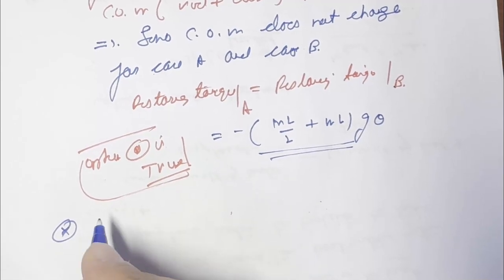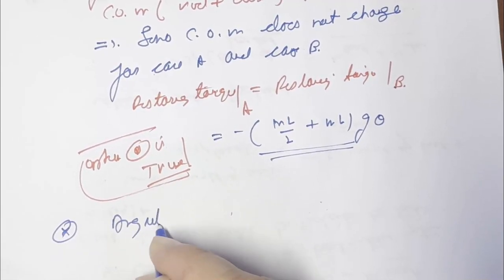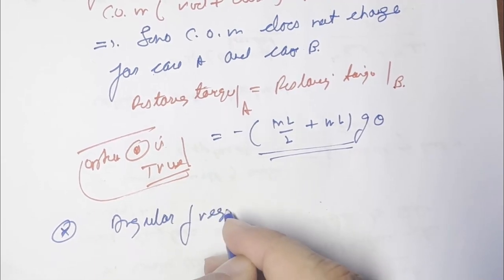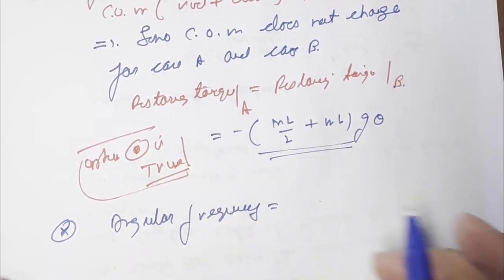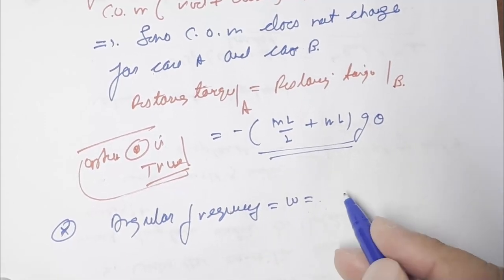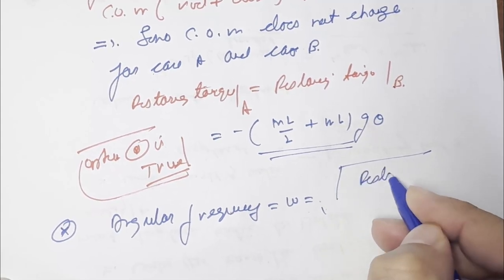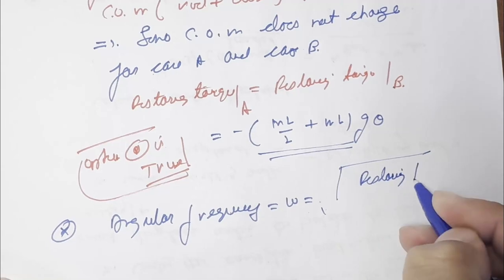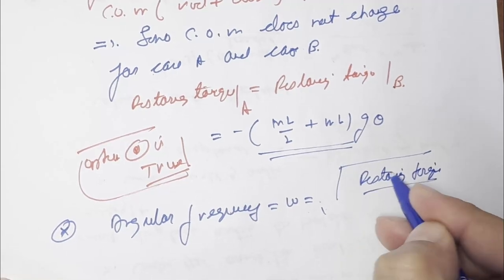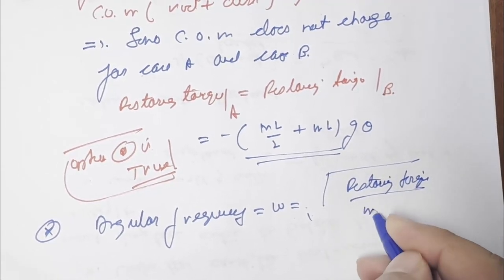We know that angular frequency, the formula, angular frequency, if it is omega, is equal to square root of restoring torque divided by moment of inertia.